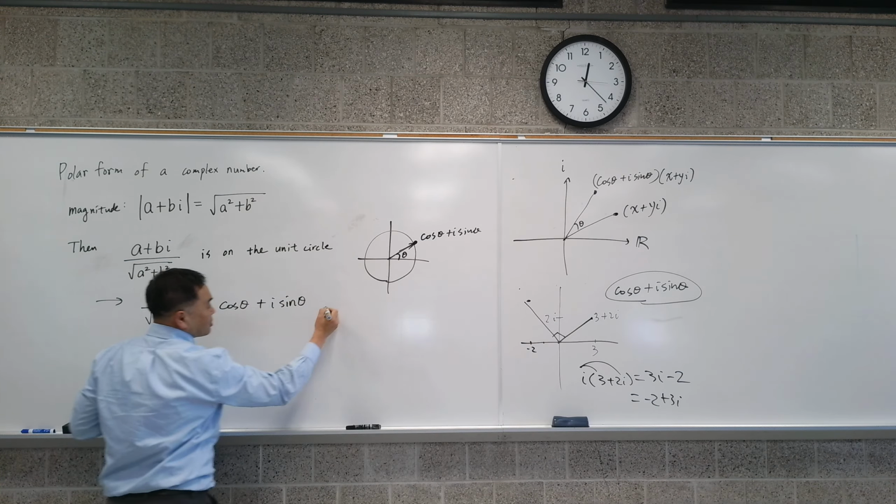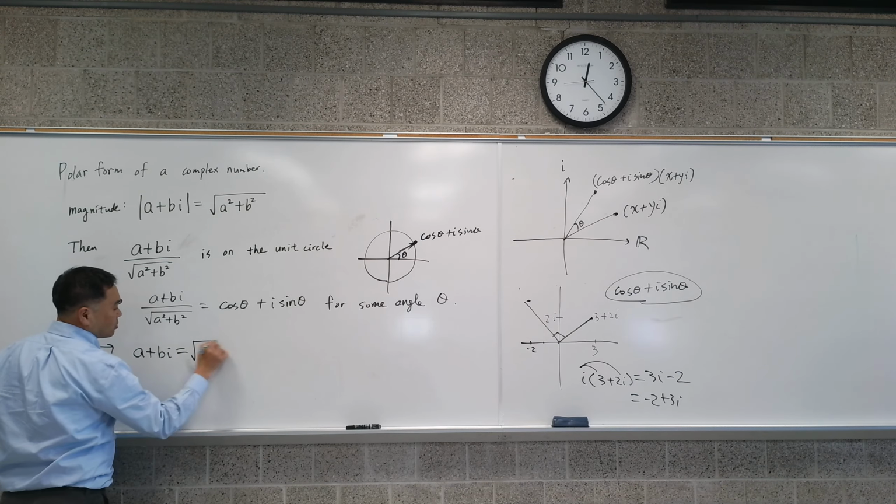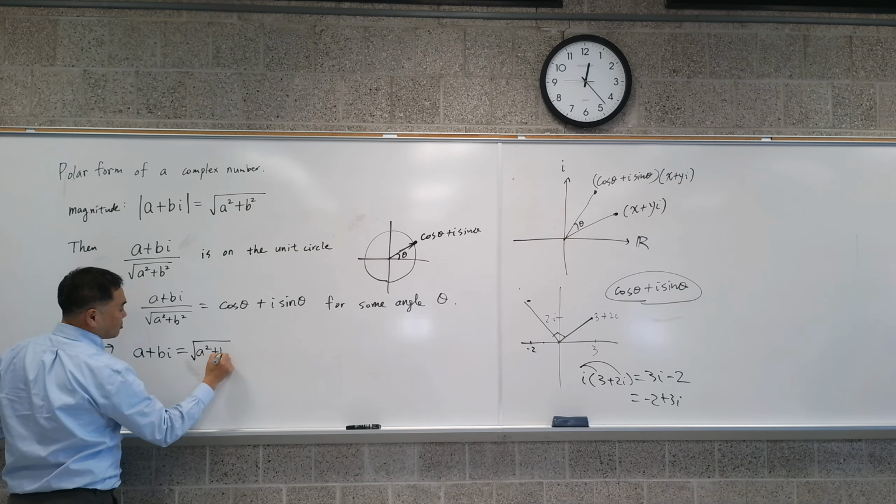And therefore, you can multiply by this thing to the other side, and you can write it as a plus bi equals square root of a squared plus b squared times cosine theta plus i sine theta.